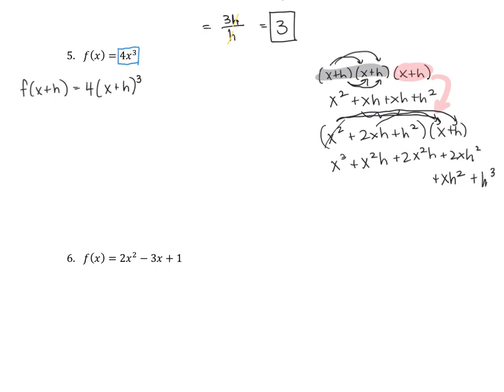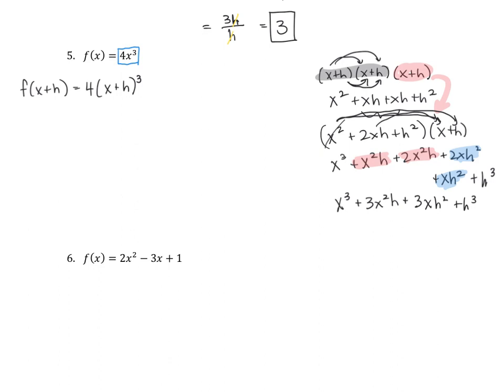All right, so like terms. I have x squared h and another x squared h. So those are like. I have xh squared and xh squared. So those are like. So I have x cubed plus 3x squared h, plus 3xh squared plus h cubed.